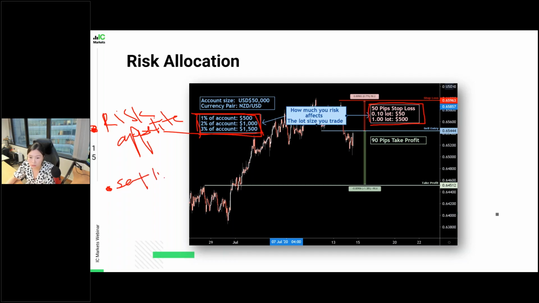Then we calculate the lot size. So this is how it's interconnected. This is actually risk management. It's a broad but simple topic, yet there are so many small details inside that you have to take note of.